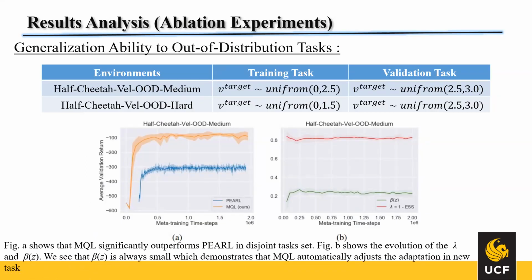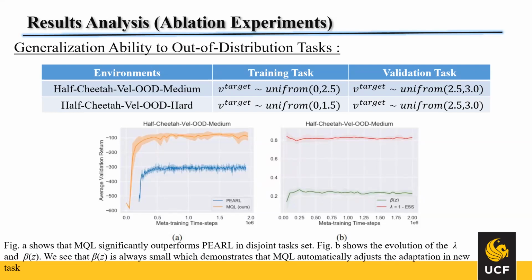Now we are going to see some results for out of distribution tasks. We are going to look into some medium difficulty environment and some hard difficulty environment. The initial training was done on some distribution parameter, for example, here 0 to 2.5 and here 0 to 1.5. But the evaluation will be done on some out of bound tasks.